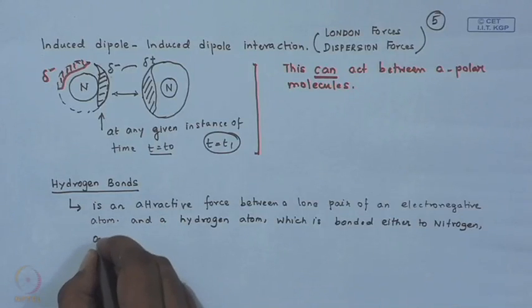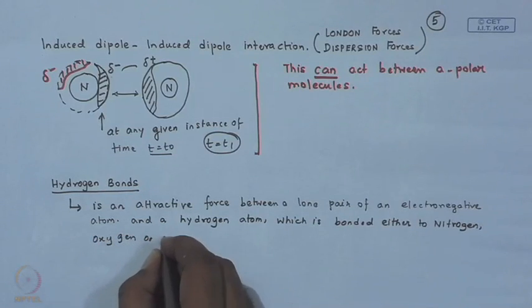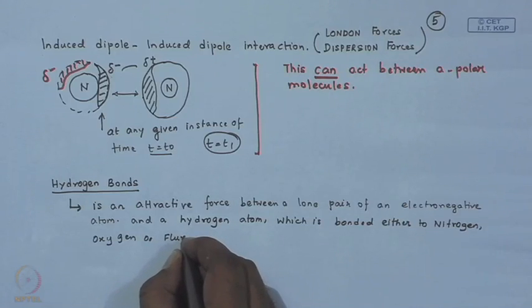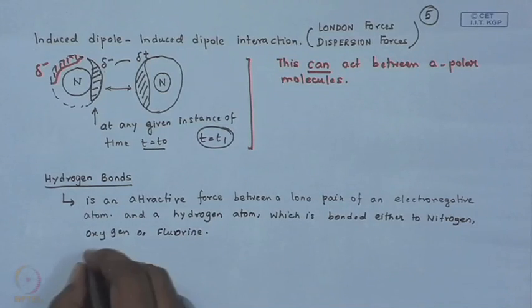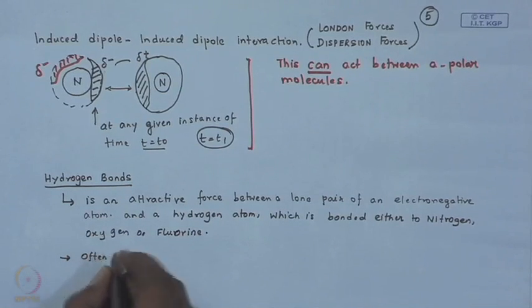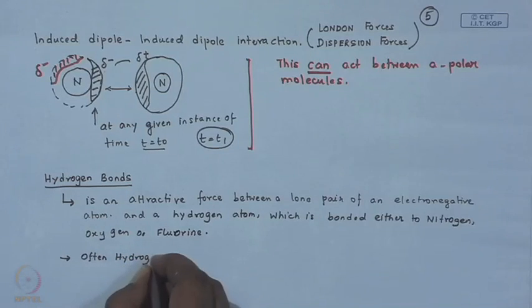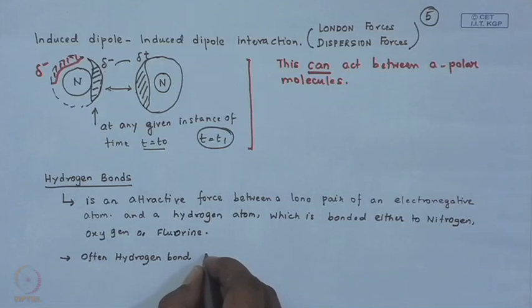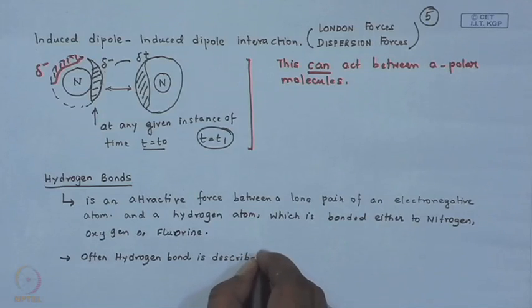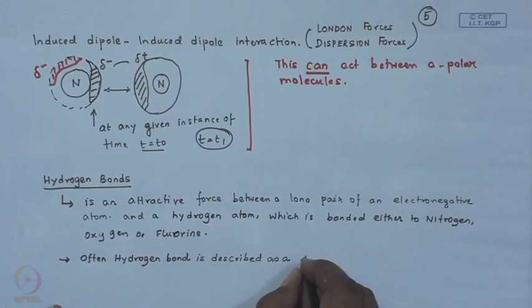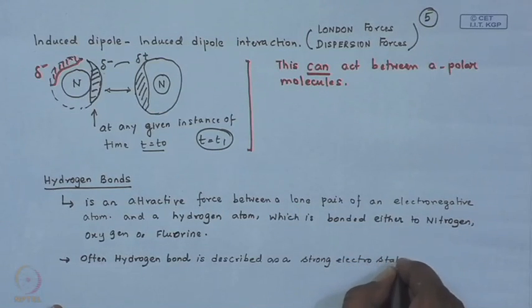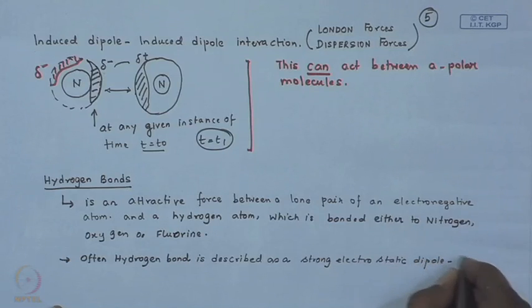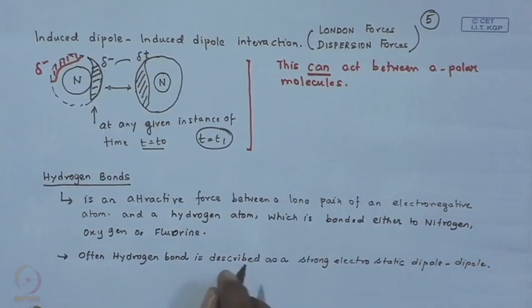Any chemistry book will give you this definition. Often a hydrogen bond is described as a strong electrostatic dipole-dipole interaction.